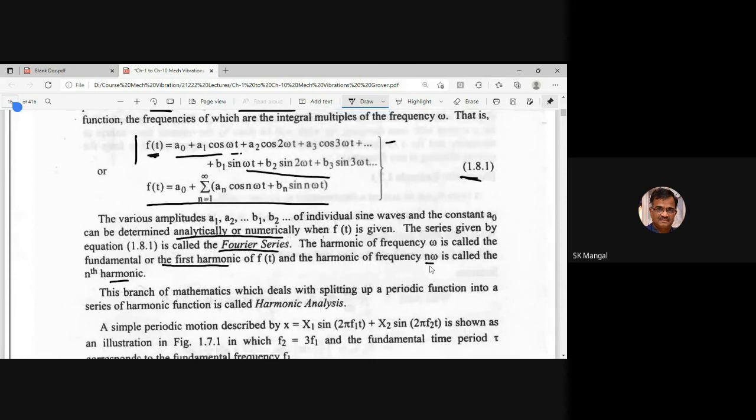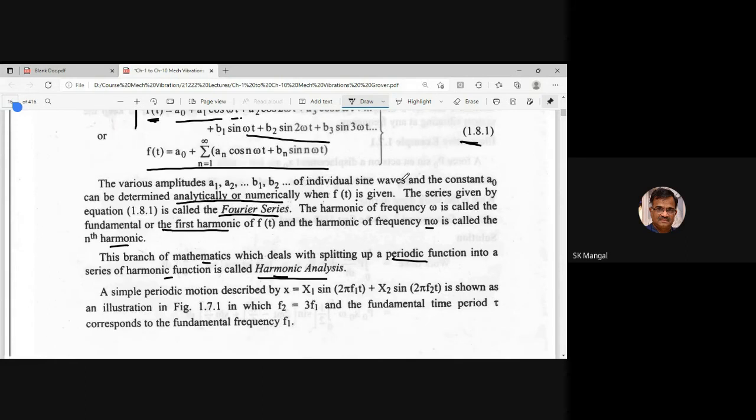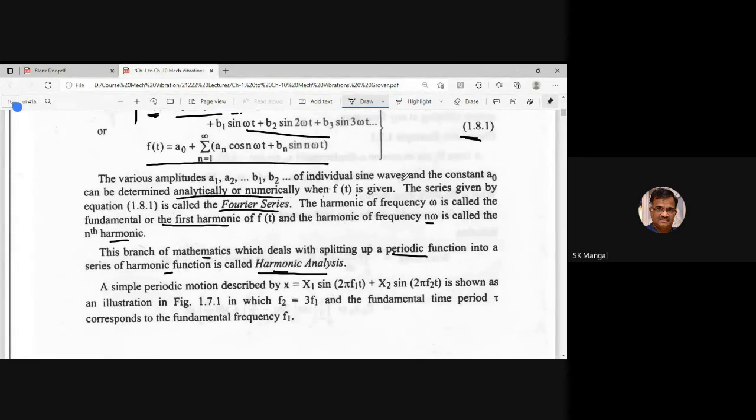The branch of mathematics which splits the periodic motion into harmonic functions is known as harmonic analysis. I will be discussing how you can find analytically the various coefficients of this Fourier series, so that you should be able to calculate the forces etc. for real machine vibrations.